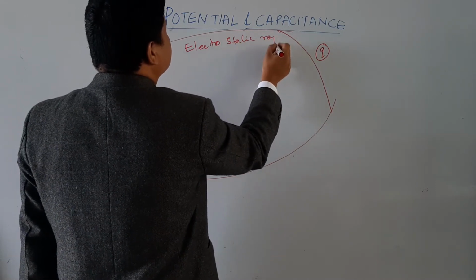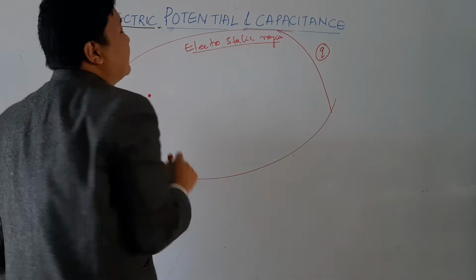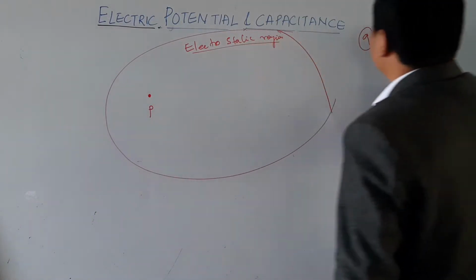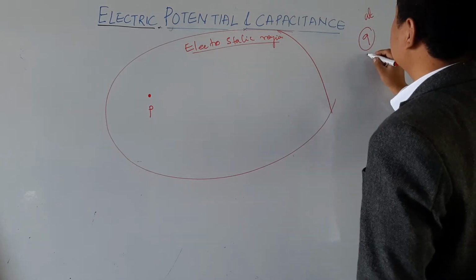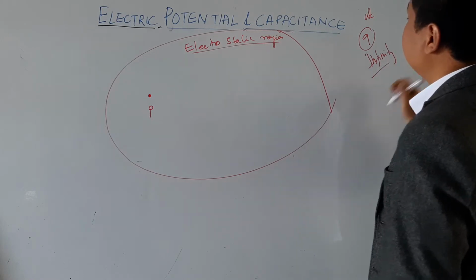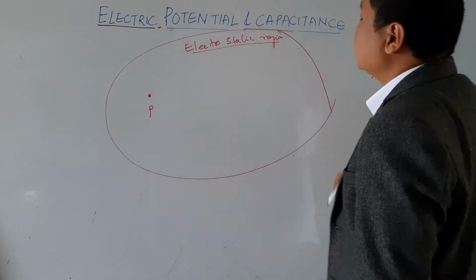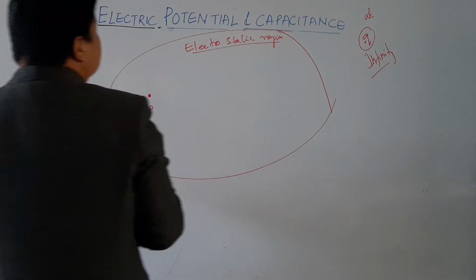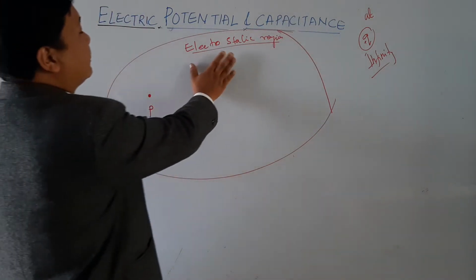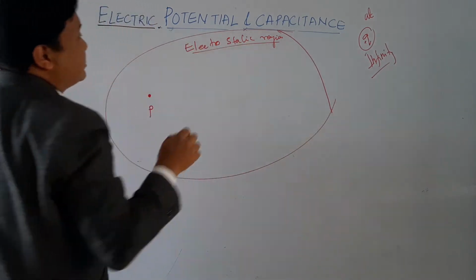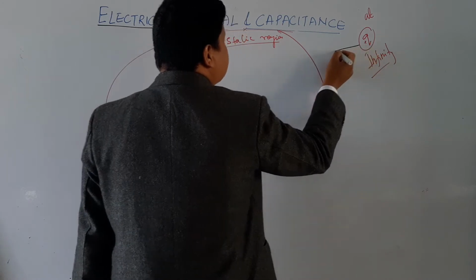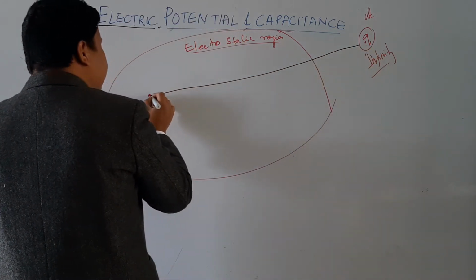This is the electrostatic region, and this is Q, where infinity is not experiencing the electrostatic field because of the charge. Now you bring this charge from infinity to this point.